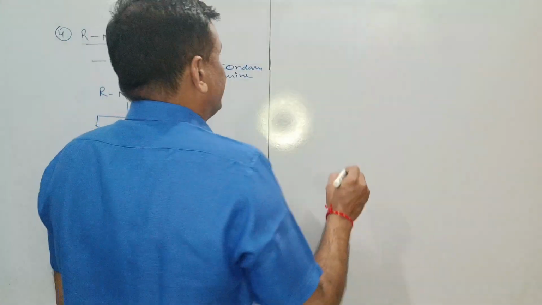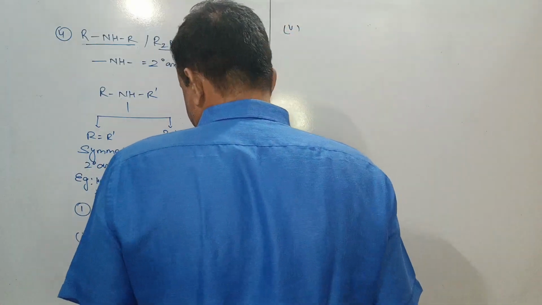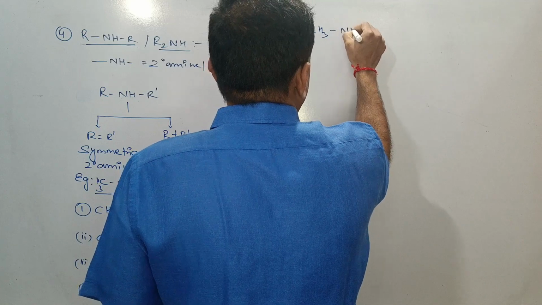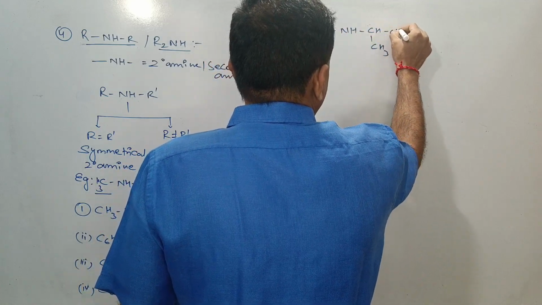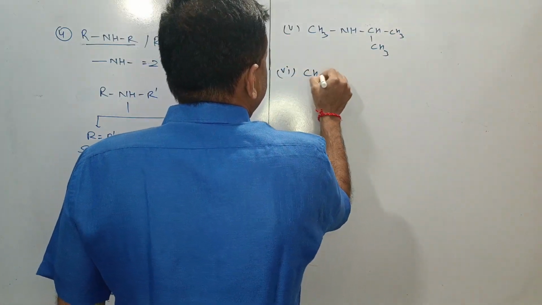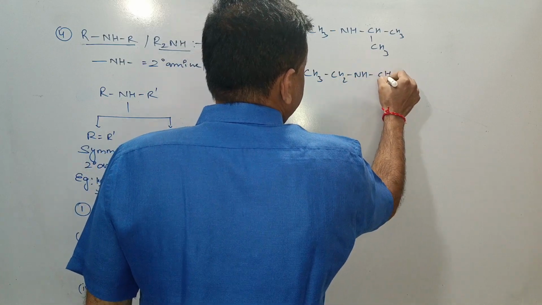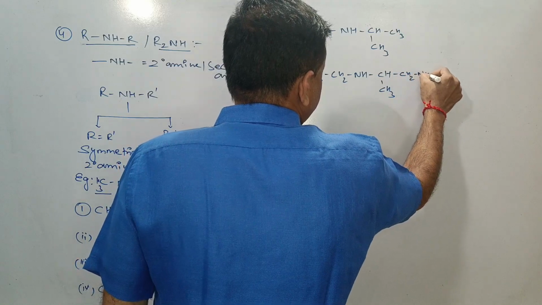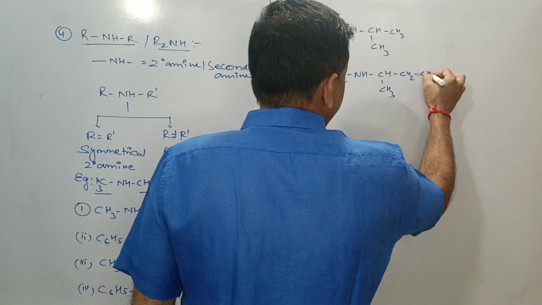If we go with the 5th example, then we can take over here. This is the 5th example, this is the compound CH3. 6th example, CH3CH2 NH CH2CH3, just CH3 only.